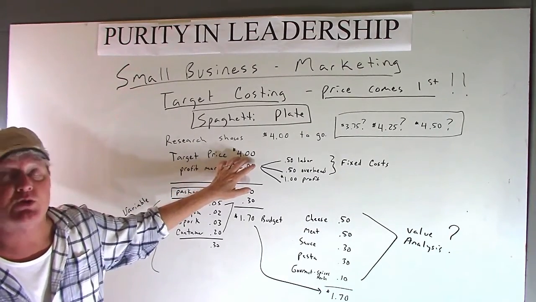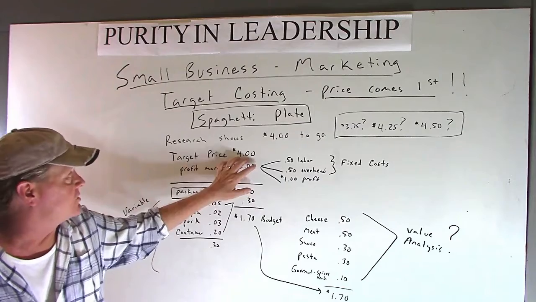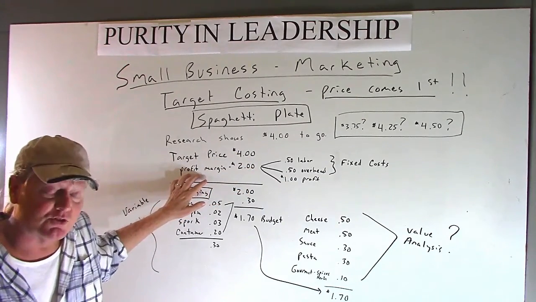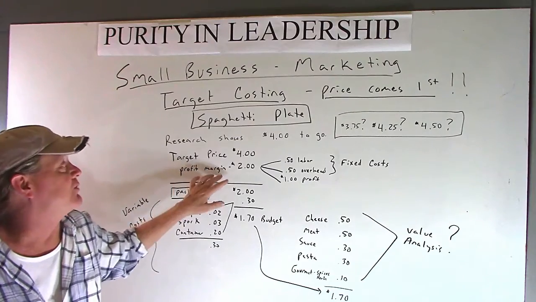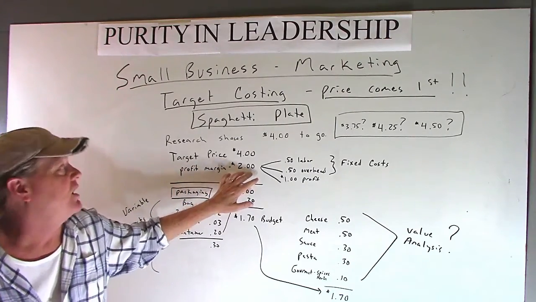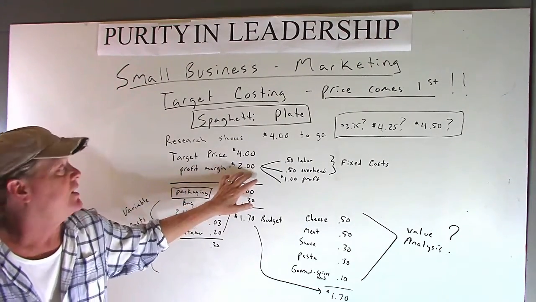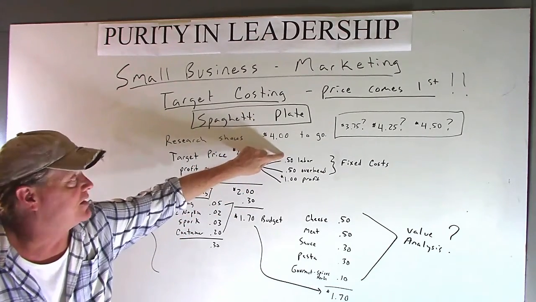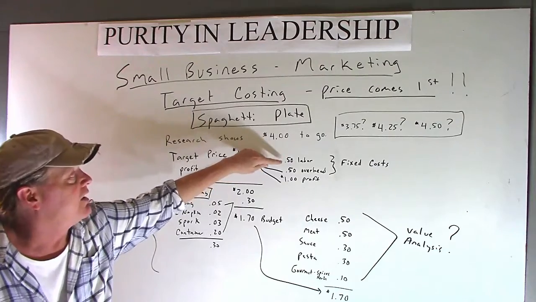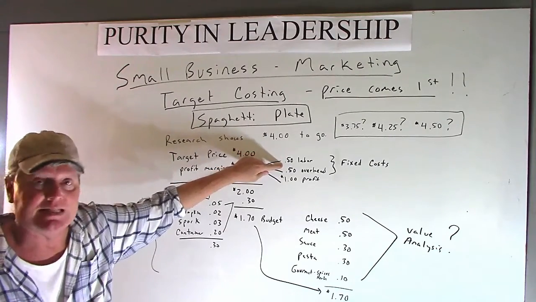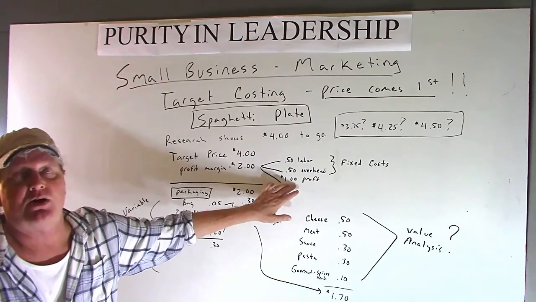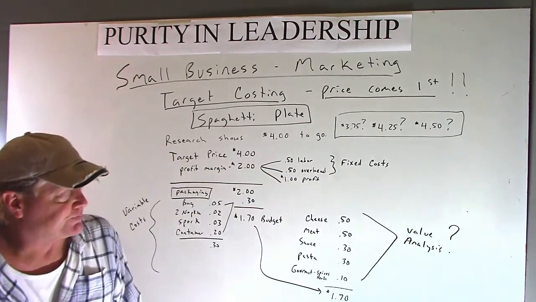Now we have to subtract our cost, and to begin with we'll try to subtract our profit margin, so to speak, of $2. And that $2 we hope will go 50 cents to labor for our budgeting, 50 cents to take care of the building and the AC and whatnot, and that leaves us with an actual profit of $1.